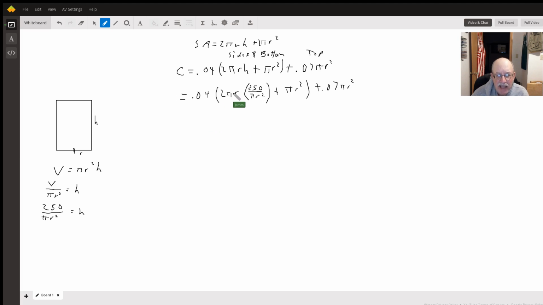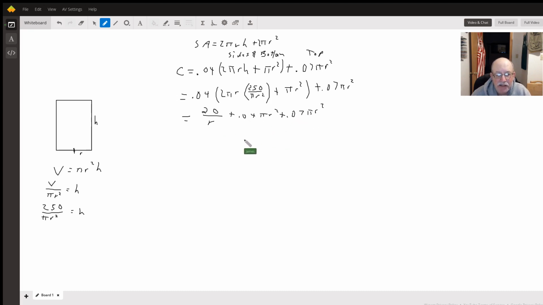The pi's are going to cancel out. I'm going to have 1 r down here. So I'm going to have 0.04 times 2 times 250. That's 20. So this is going to equal 20 over r plus 0.04 pi r squared plus 0.07 pi r squared.